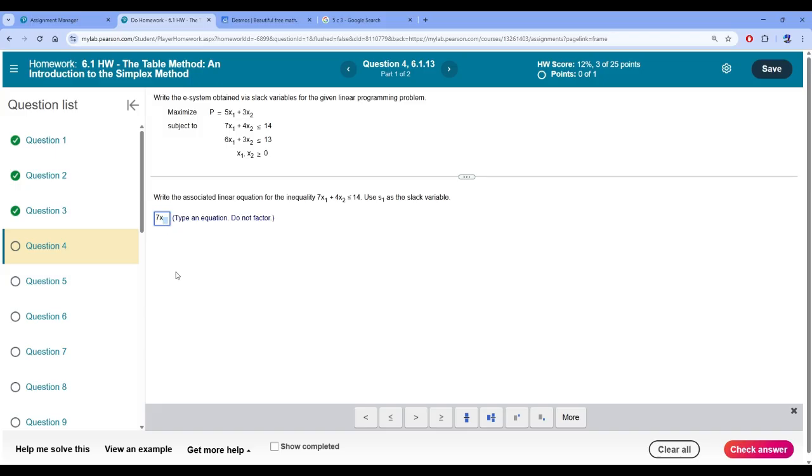7x1 plus 4x2. How do I get subscript? Control, down here. Plus s subscript 1 equals 14.